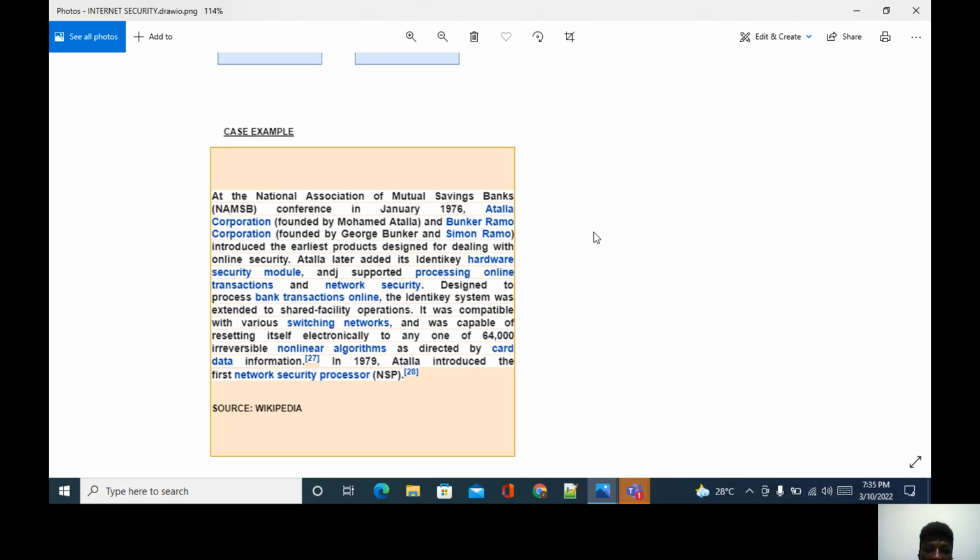In 1979, Atalla introduced the first network security processor, or NSP. So this is an example of a case to make the internet secure. And I got it from Wikipedia. So Wikipedia is the source of this information.